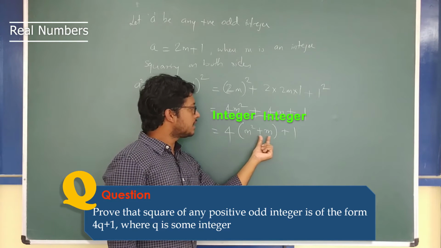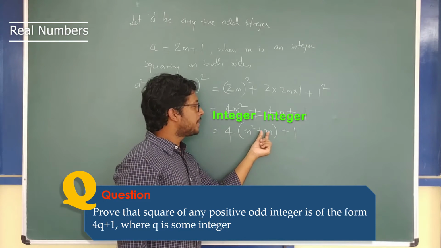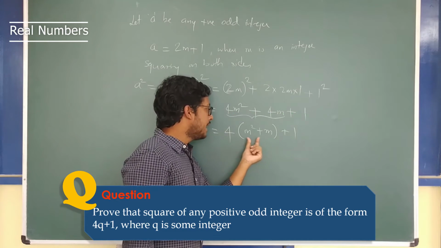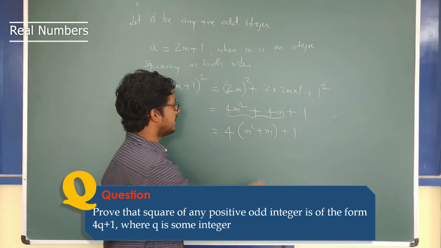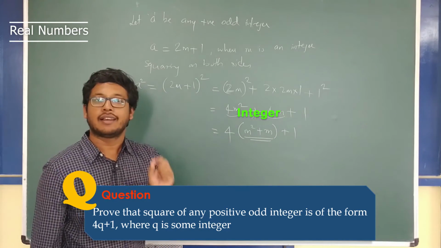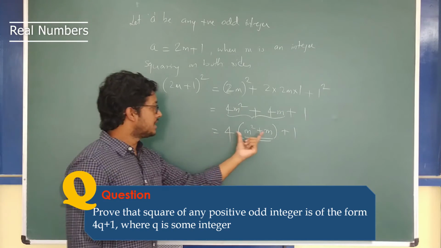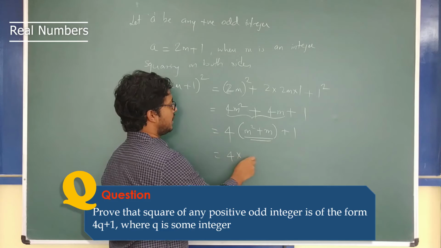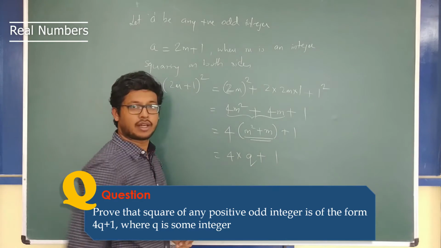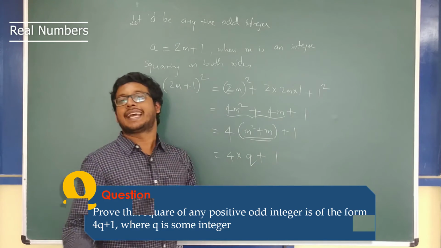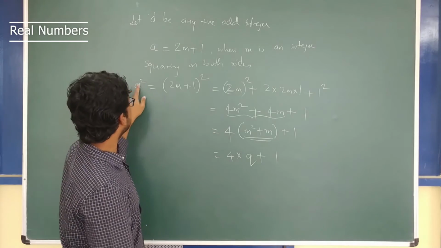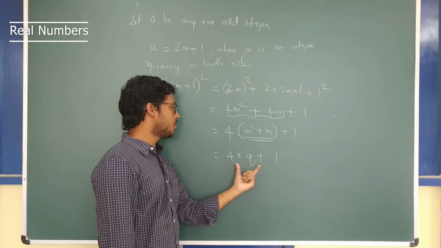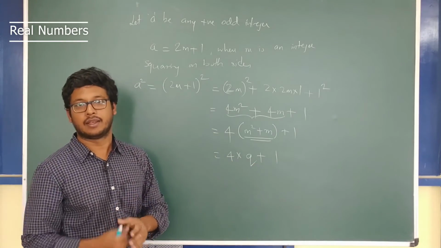So I am adding integer plus integer, and the resultant is again another integer. This other integer I will write as q, some integer q. So this can now be written as q plus 1, where q is another integer. So essentially a square is now written in the form 4q plus 1.